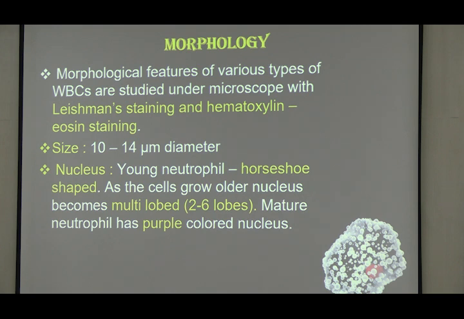So if you have a lot of 6-lobe neutrophils, it means new cells are not being produced in your body. But if you find a lot of band-shaped or lobe 1 or lobe 2, it means young cells are more, which means the body has been invaded by a foreign organism, for which it has now started producing. It has to fight, no? Young cells are coming to fight those.